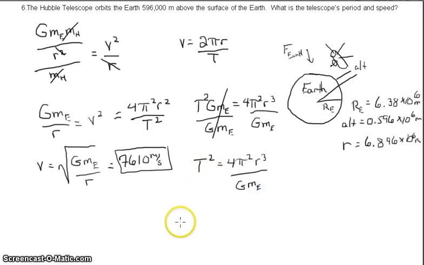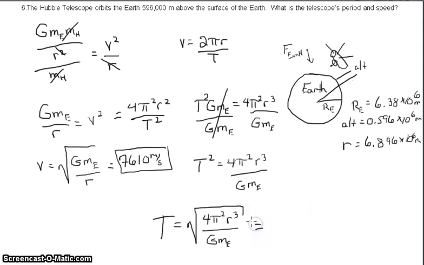Take the square root of both sides. We have T is equal to the square root of 4 pi squared r cubed divided by G times mass of the Earth. Take the square root of that.